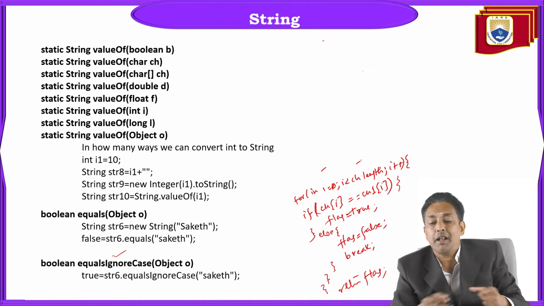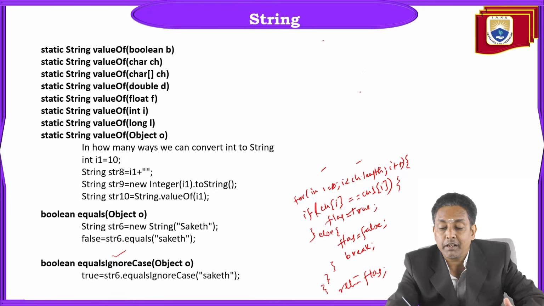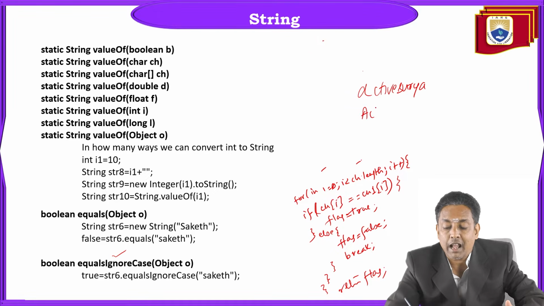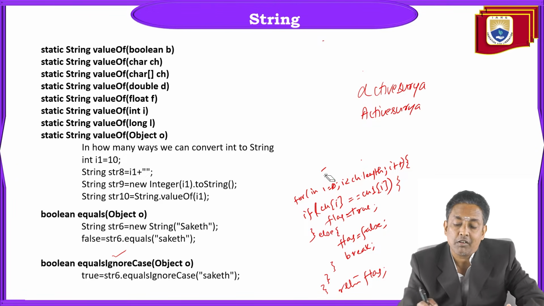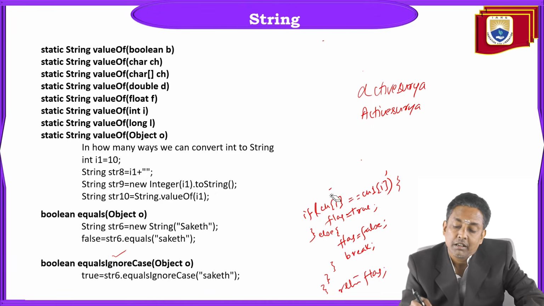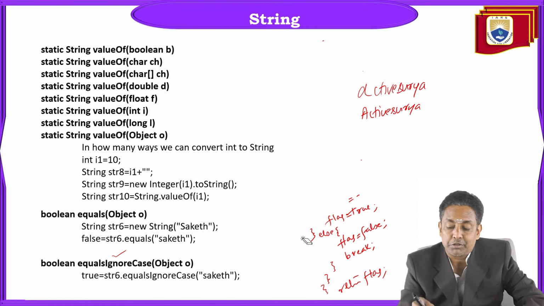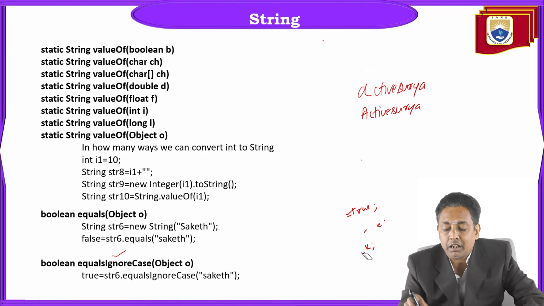Sometimes mistakenly we may enter the username in capital letter. Suppose Active Surya is my email ID, and I mistakenly enter A in capital letter instead of small letter. If the login fails, how does it feel?